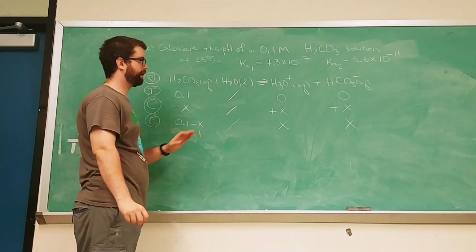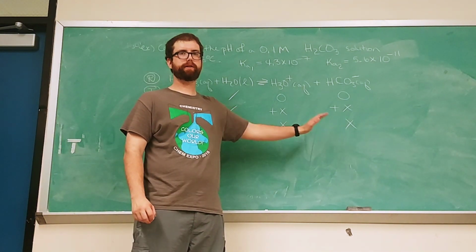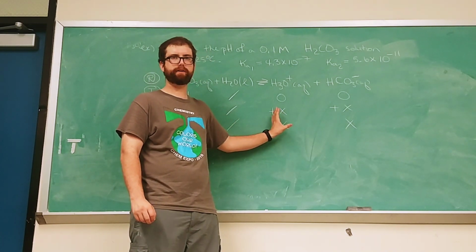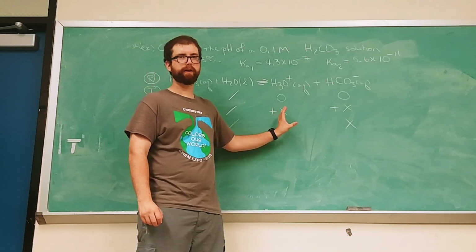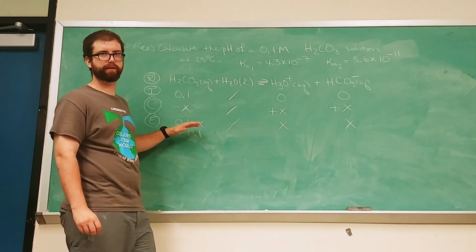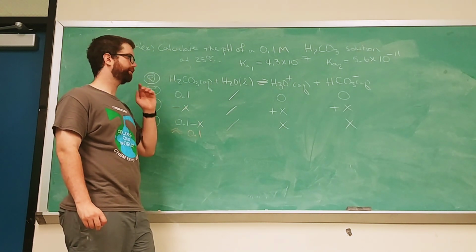Now, I can't ignore x over here because I'm not comparing it to another number. This is still a very valid number when it's just by itself. But when I'm comparing it to another value in an addition or subtraction, I can pretty much ignore it.